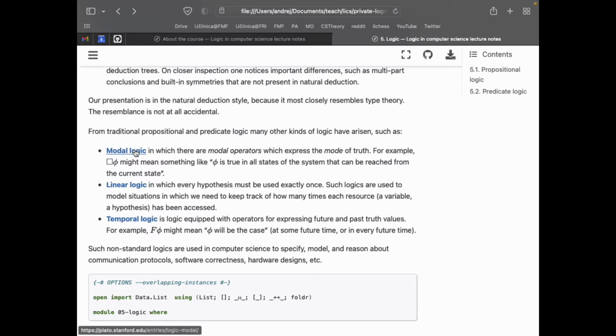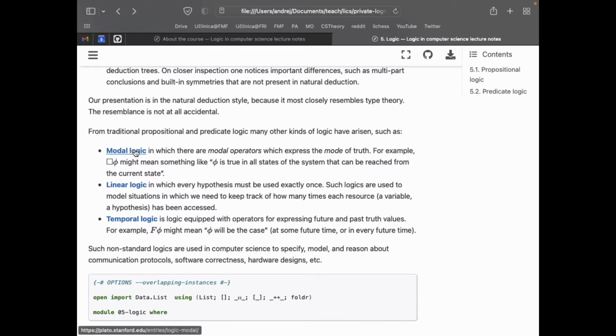And this kind of thing is useful in computer science for describing properties of transition systems, where you make a statement about the system. You have some configuration, and you know that actions will be taken and the system will change, and you want to say it's always going to be the case that something holds. It's not just accidental. Or maybe you want to say it's possible that we will reach such and such state. That's a different modal operator.